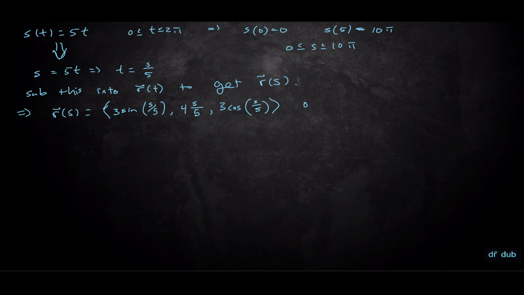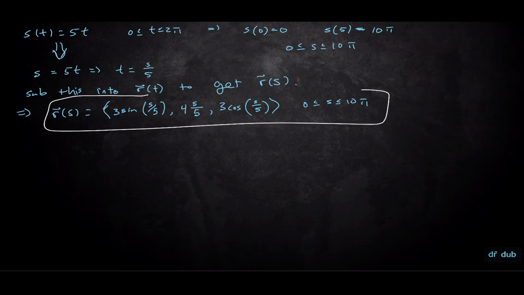And s ranges from 0 to 10 pi. And that is our vector function parameterized in terms of arc length.